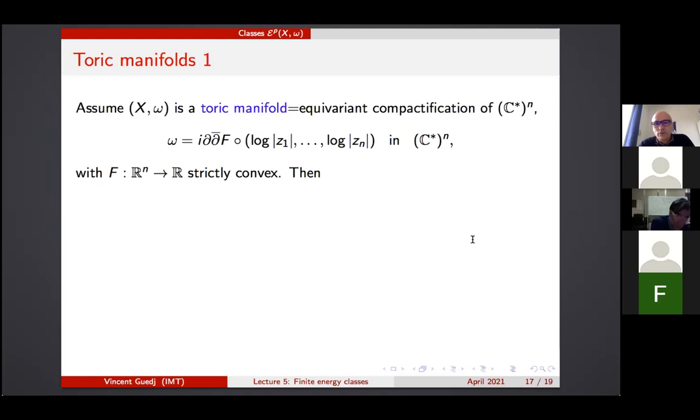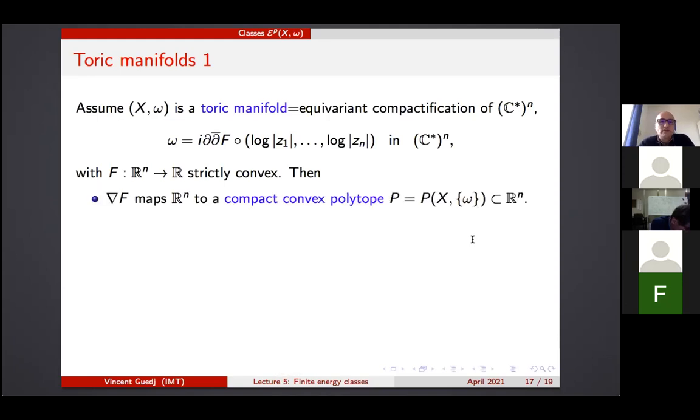If you restrict omega to (C*)^n, then there is a global dd^c lemma, and this omega turns out to be the dd^c, or the i partial-bar-partial, of f composed with L, where f is a strictly convex function on R^n, and L is the logarithmic map, log|z_1|, etc., log|z_n|.